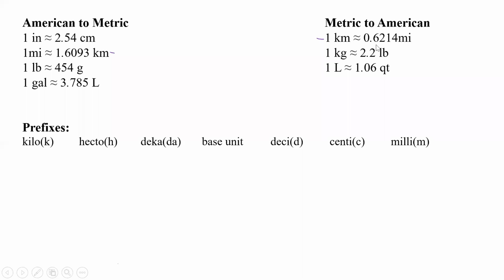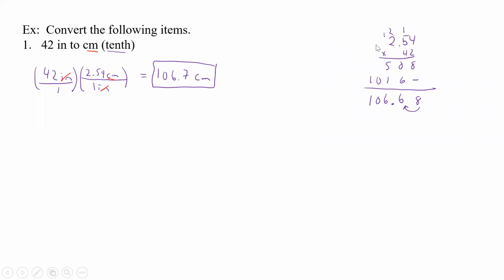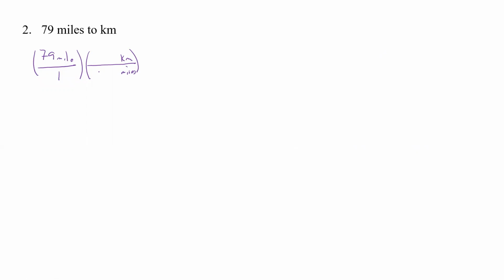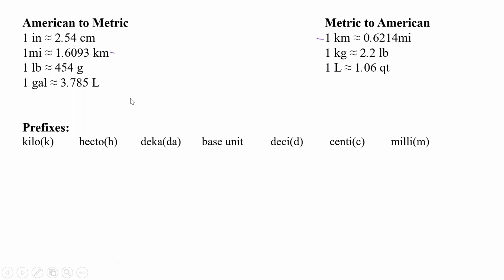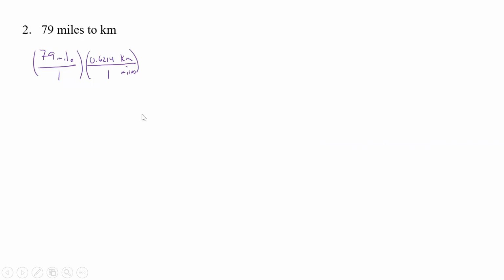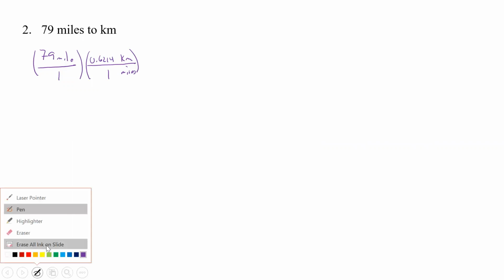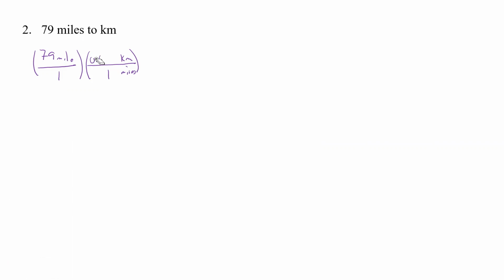And so maybe, let's do 0.6214. So 0.6214 kilometers is 1 mile. Is that what I have? No, 1 kilometer is 0.6214 miles. Aha, I wrote it down wrong. And you have to be paying attention to this.